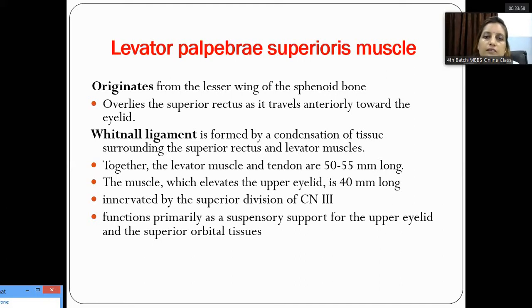Together the levator muscle and tendon, so the muscle has a tendon also, are about 50 to 55 millimeter long. So it is a long muscle, and the muscle which elevates the upper eyelid is 40 millimeter long. It is innervated by the superior division of the third nerve, and its function is primarily as a suspensory support of the upper eyelids and superior orbital tissues.